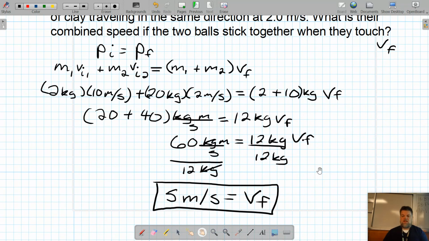Any questions on that one? What's not right? What is the combined speed if the balls stick together when they touch?